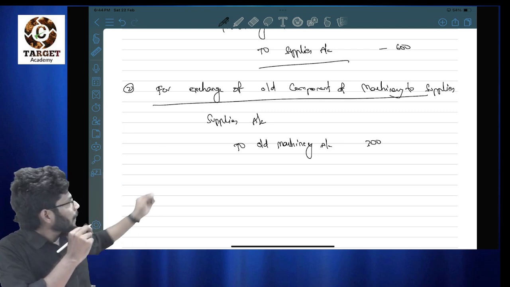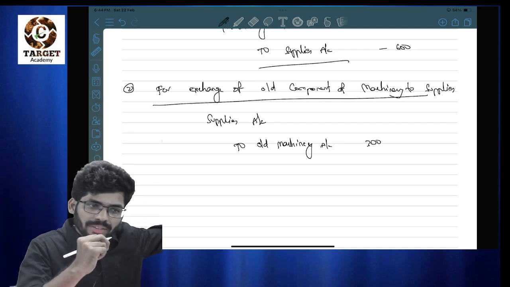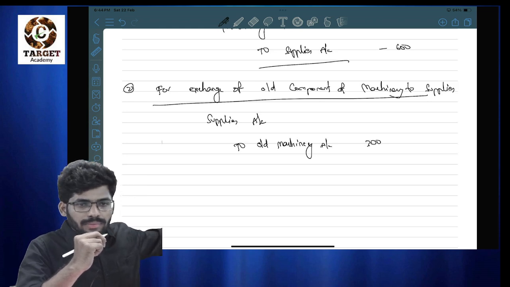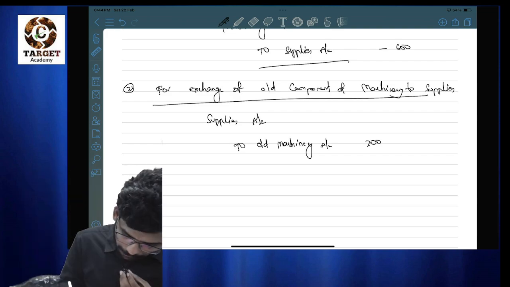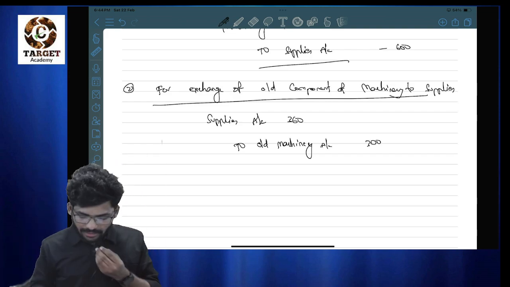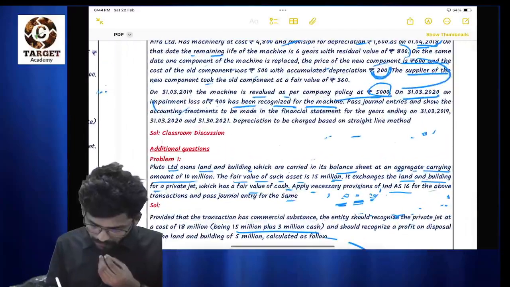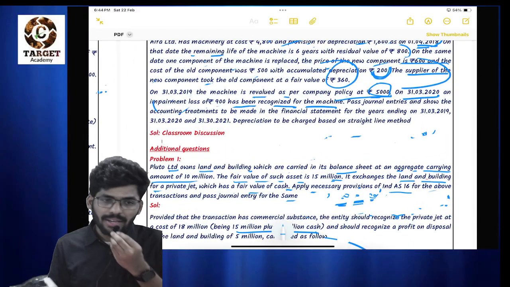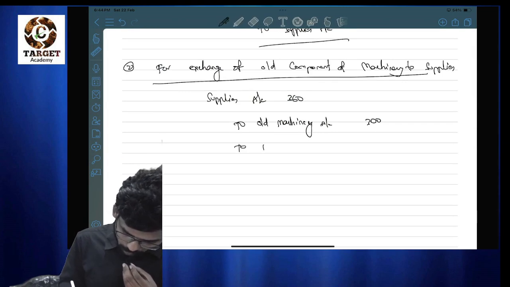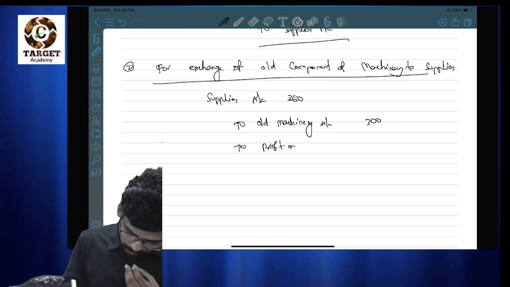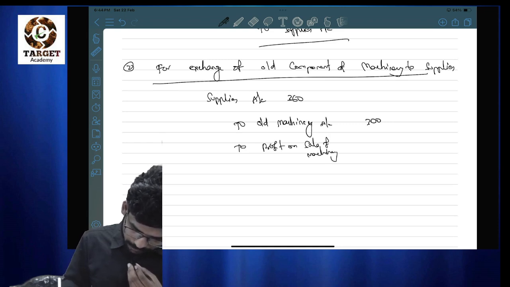My carrying amount of the asset is 300 only. So to old machinery 300. The supplier is accepting at 360, yes or no? So the balance 60 is profit. To profit on sale of, how much?